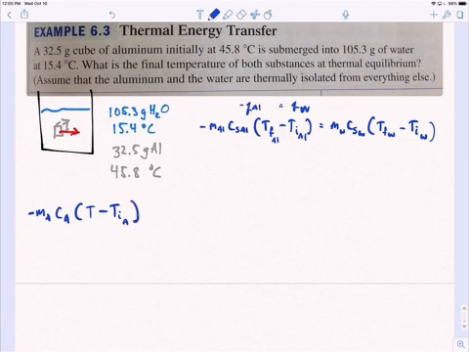Oh, I already wrote that, shoot. Oh well, that's fine. I'll FOIL it, plus, and I can copy this.